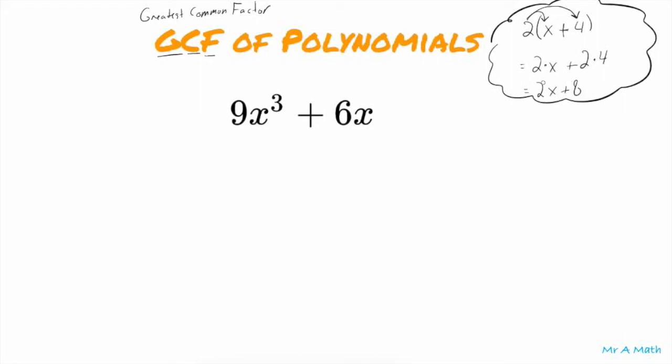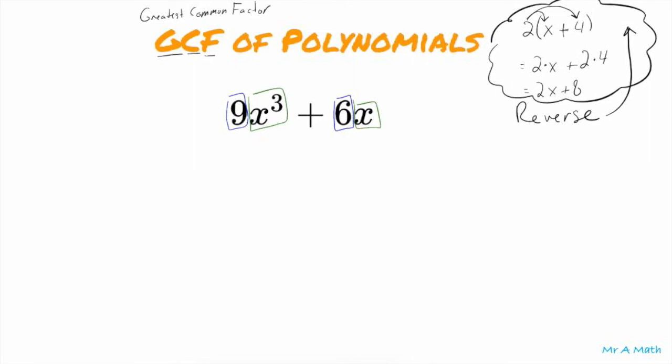Now, what we're going to do to factor this is we're essentially going to reverse the process of this. We're going to go backwards. And so I'm going to go over here and I'm going to recognize, well, I have two components here, 9 and 6. And then I also have x to the third power and x to the first power here.